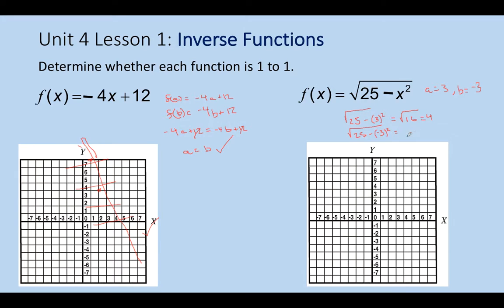Well, negative 3 squared is still positive 9, so I wind up with, again, the square root of 16, which is 4. So this turns out to be, well, the same. And I needed them to be different in this particular scenario, so these don't work. Of course, if I go ahead and try to graph this, what I'm going to wind up with is actually something that looks a little bit like this.